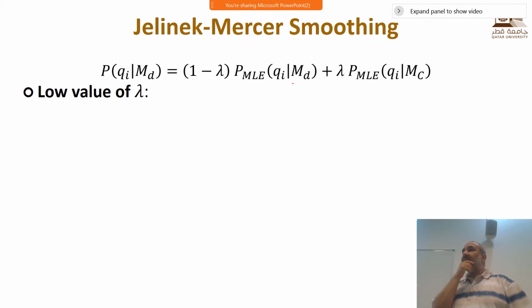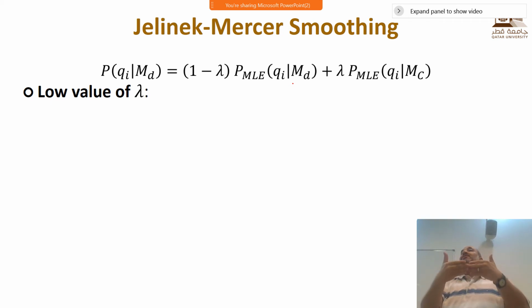The unseen words. Yes, almost 0. What does that mean? Yeah, the background is disabled. When lambda is very, very small, it's like background is disabled, and now we are back to the foreground only.